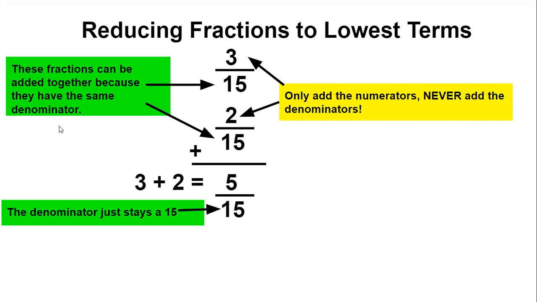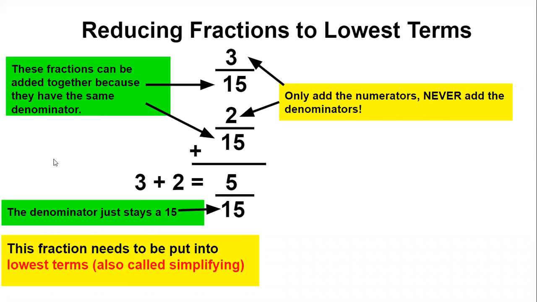By now, you're getting pretty good at this. 5/15. This fraction needs to be put into lowest terms, or simplified, or reduced. Now, what would be the greatest common factor of 5 and 15?